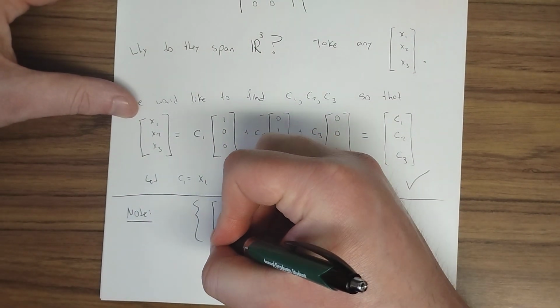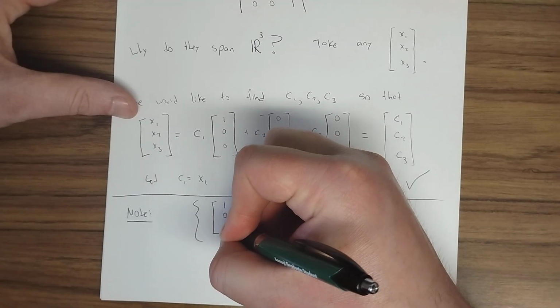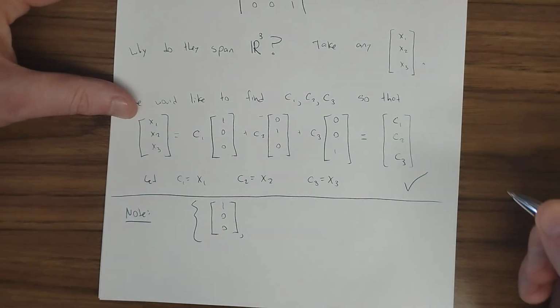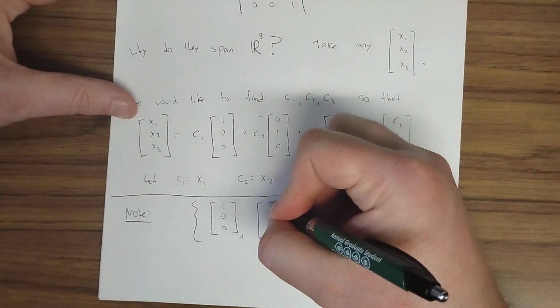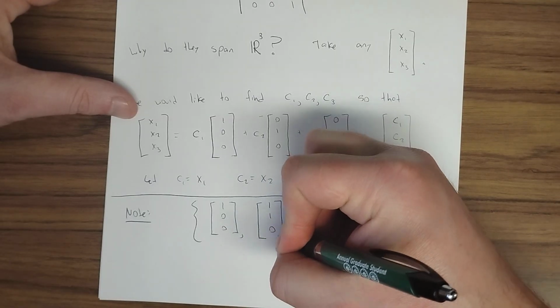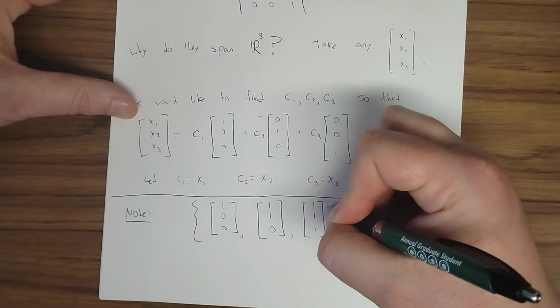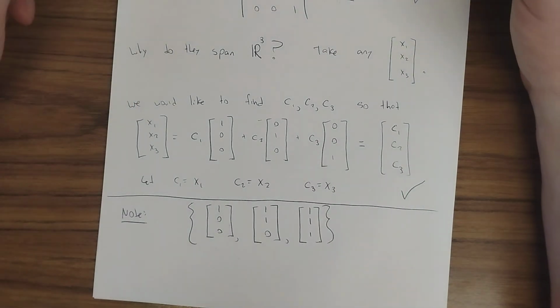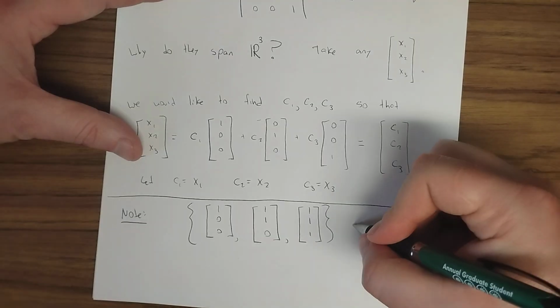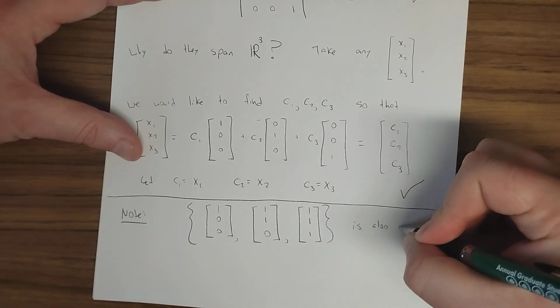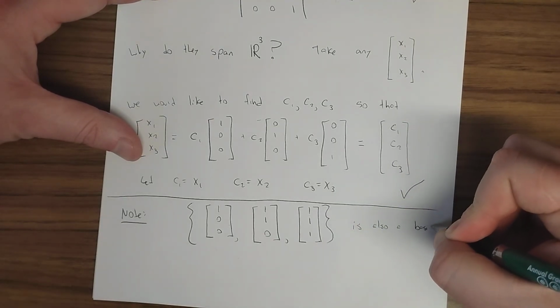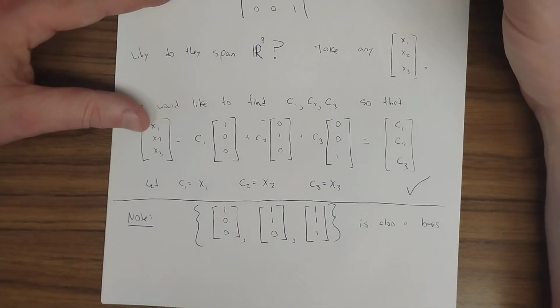Just to throw something out there. Maybe I'll have the same first one, and then maybe I'll have 2 1s, and then maybe I'll have 3 1s. And I'm not checking any of this, but I promise you this is also a basis.